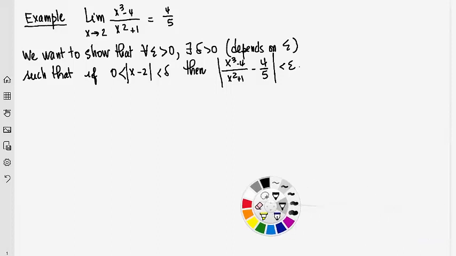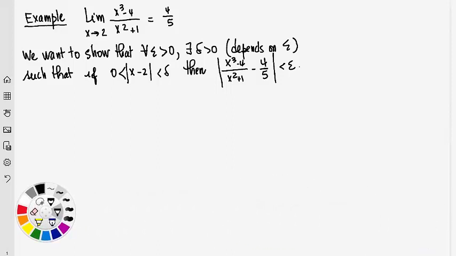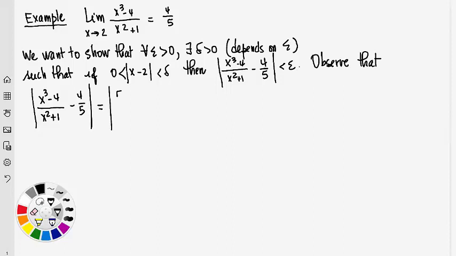Okay, so first we observe that the distance between this rational function and 4 over 5, using some algebra, is really nothing but this here.